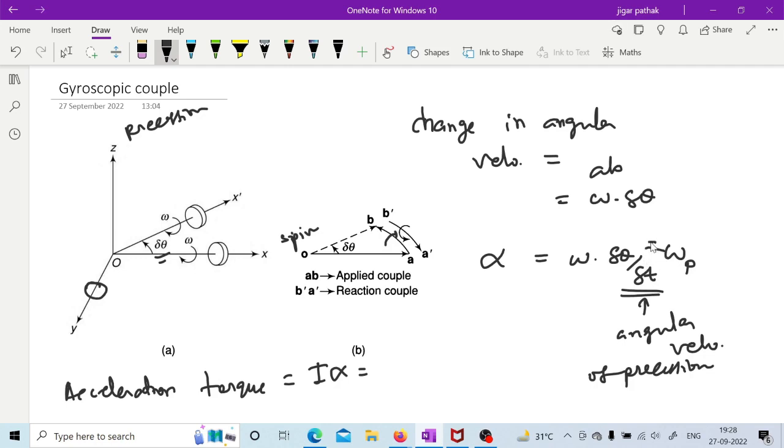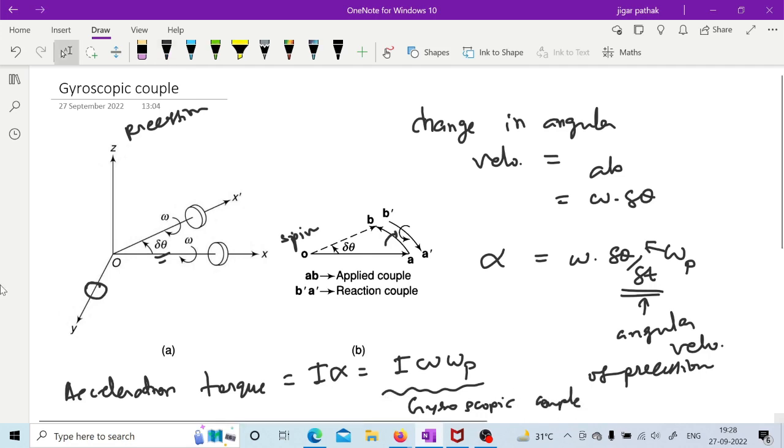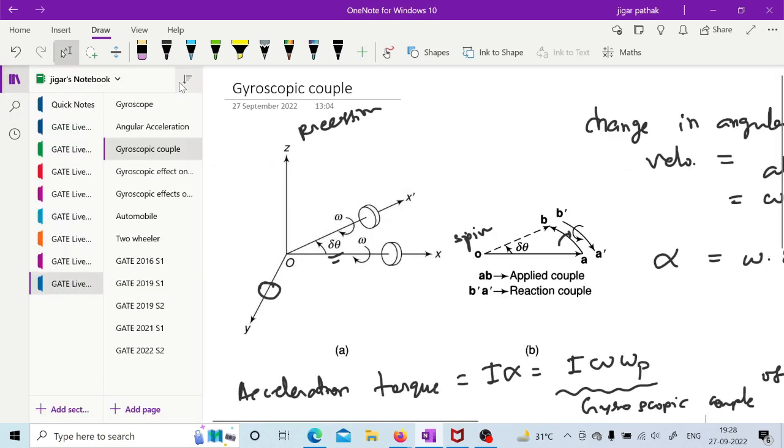This delta theta by delta t can be considered as omega p. So you can write it as I omega p, right? So this is how you get the magnitude of the gyroscopic couple. This is your gyroscopic couple, right? So this is how you can calculate the gyroscopic couple.